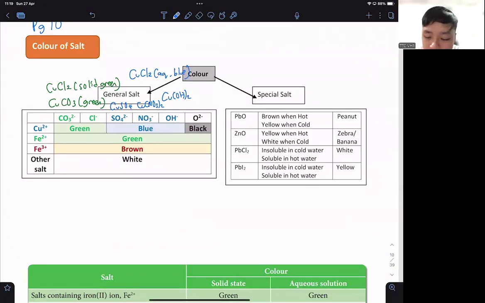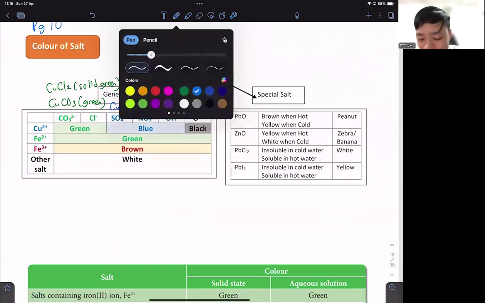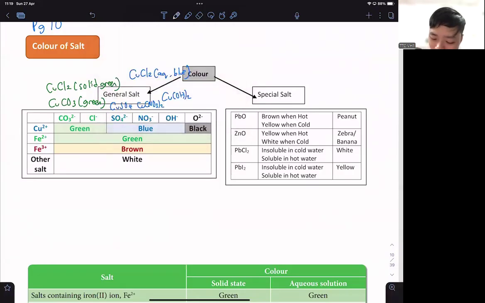Just remember. So mostly if it can dissolve in water, it's blue color. The only black color is copper 2 oxide. I'm sure no problem, you can differentiate.